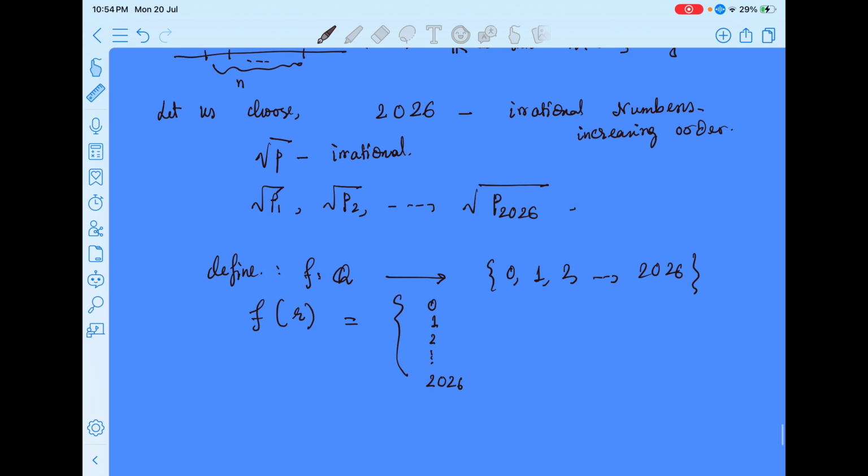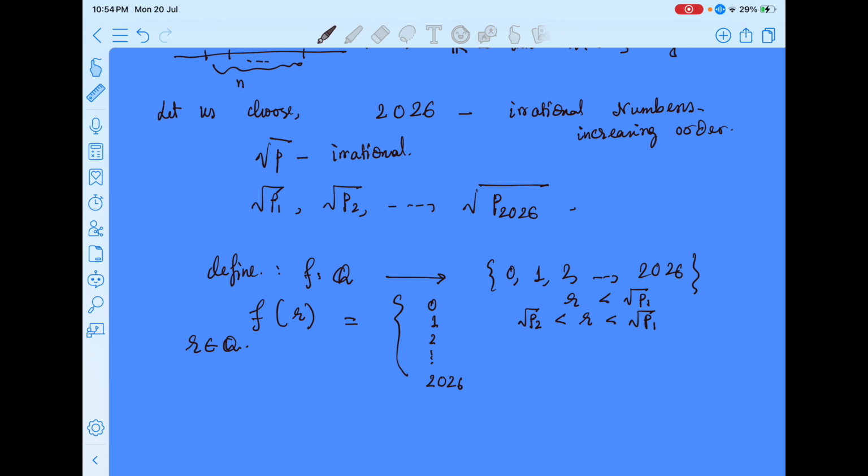R belongs to Q, R is a rational number. So if r is less than root over p1, f is 0; if r is strictly greater than root p1 and strictly less than root p2, f is 1.